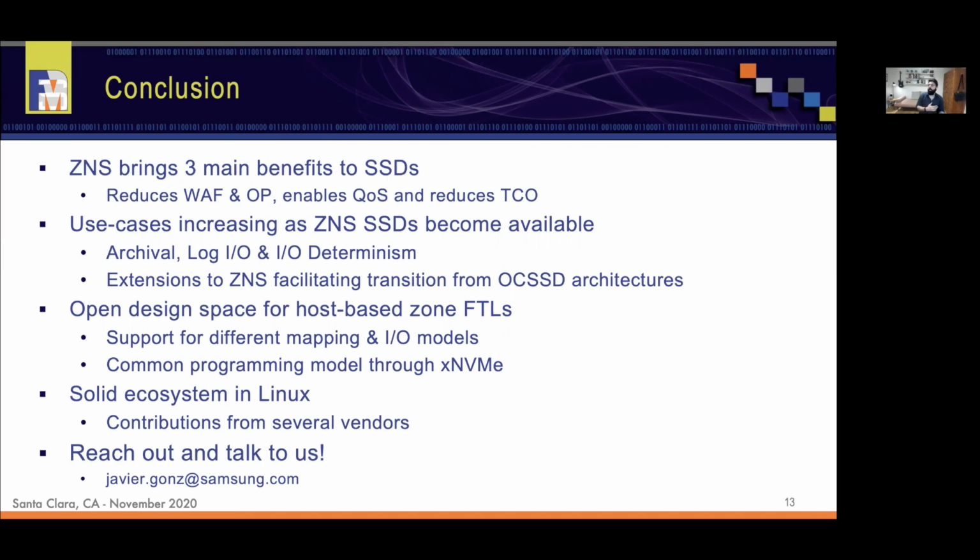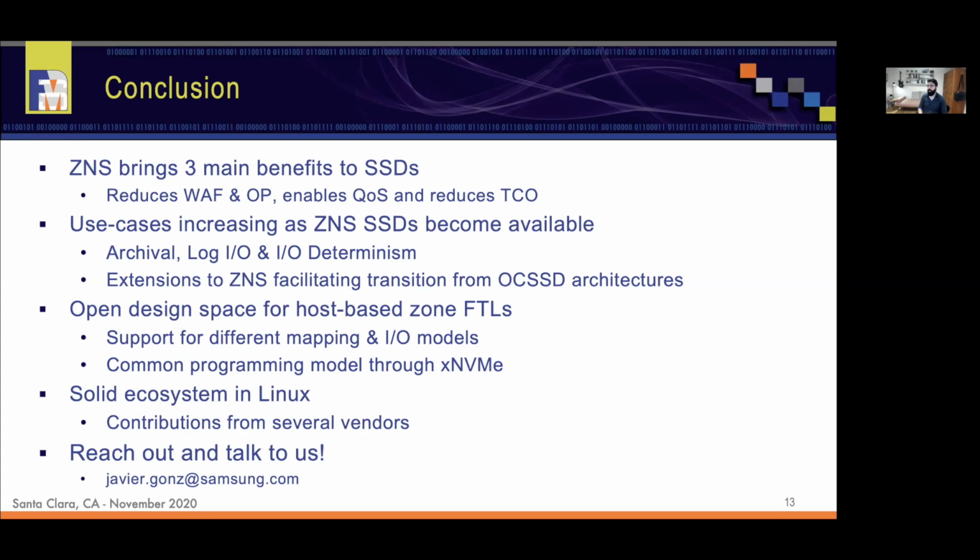We have presented you with xNVMe, which we see from early adopters of ZNS is becoming a fundamental part of how to design the transition and the rewrite of applications for ZNS. And there is a very solid ecosystem in Linux with a lot of vendors contributing.